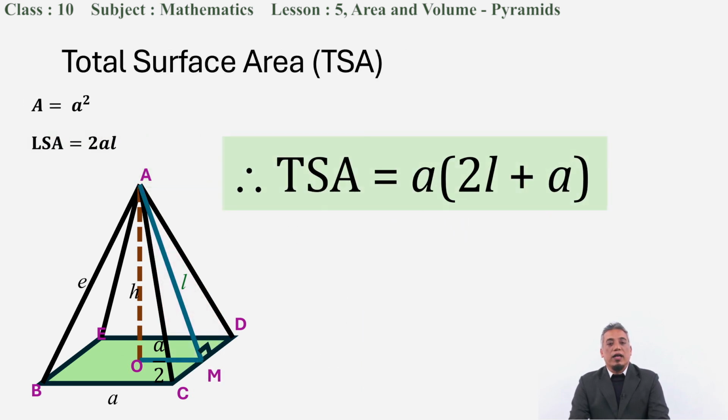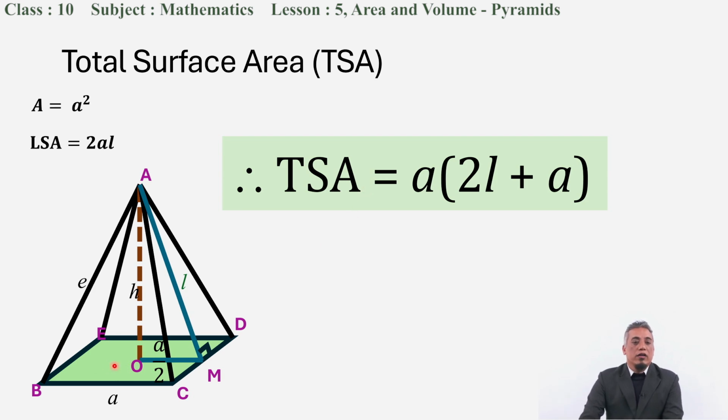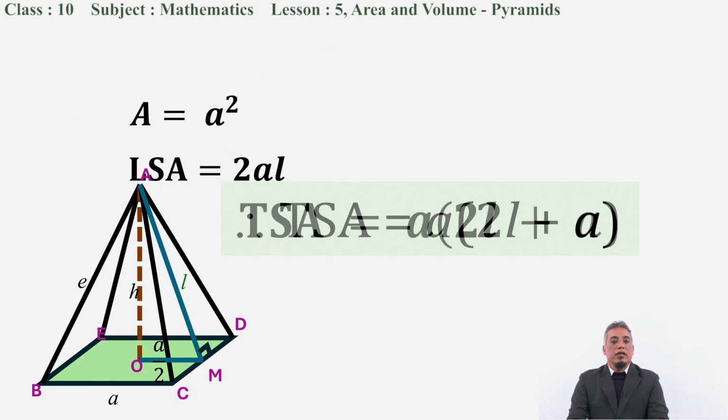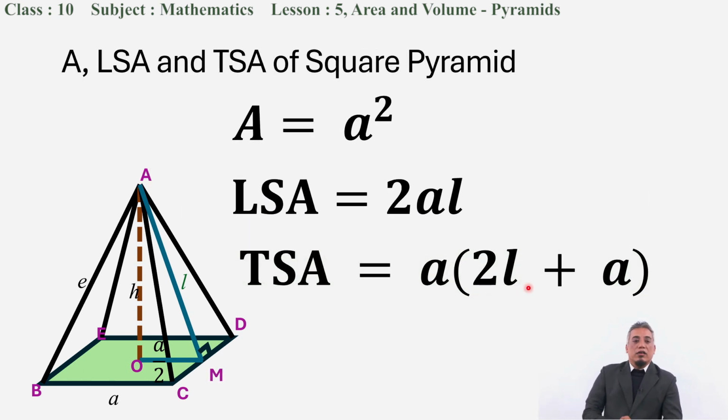So next formula is on total surface area. So when we add one base area in the lateral surface area, it gives total surface area, and its formula is A common 2L plus A, or equivalently you can use 2AL plus A square. A can be multiplied inside. Okay, so these are three formulae on area of square pyramids.